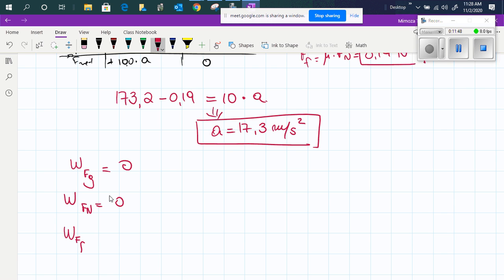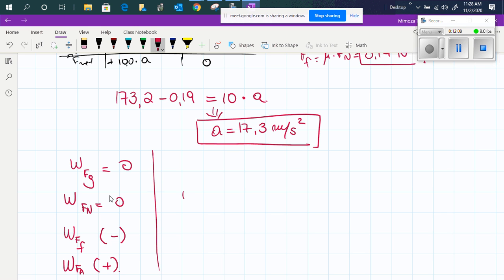The work done by force of friction will be a negative value, and the work done by force applied will be a positive value, because the component of force of friction along the displacement is negative, and the component of the force applied along the displacement is positive.